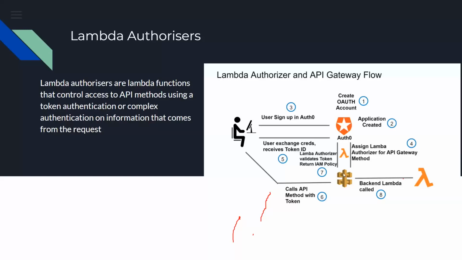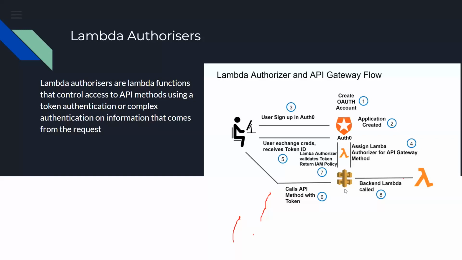When it comes here, in the case of Cognito, we had the Cognito user pool just verifying the authenticity of the token in the headers. Here, Lambda will be the one that will validate your token and return the IAM policy.